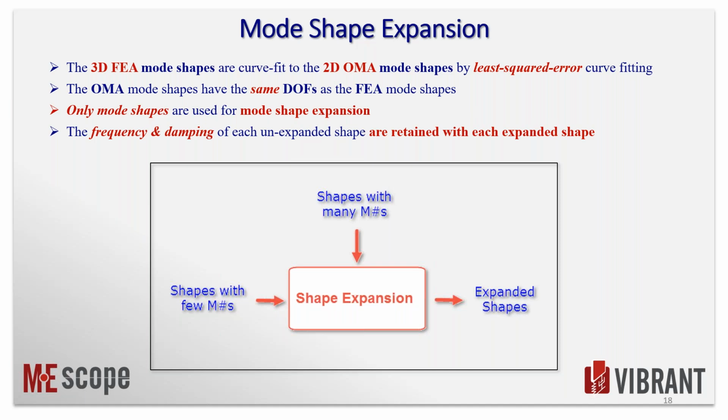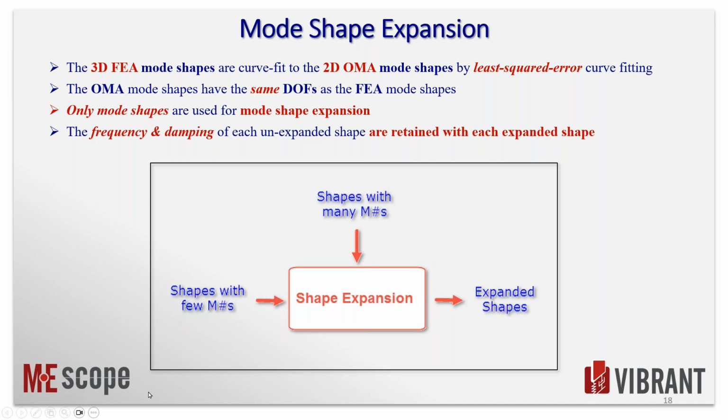Those are degrees of freedom or measurements in MEscope. Every element of a shape table or every measurement in a data block we call an impound, a measurement number, if you will. Another acronym that we use in MEscope.